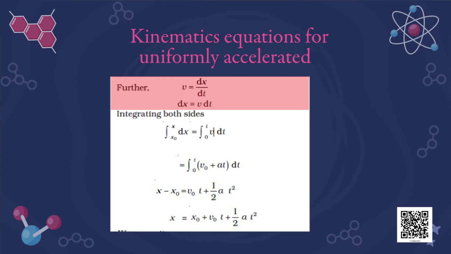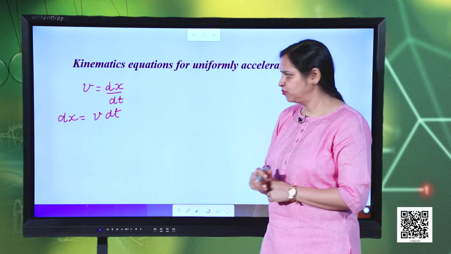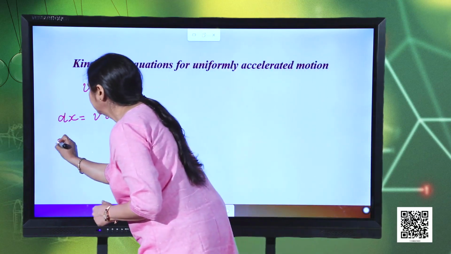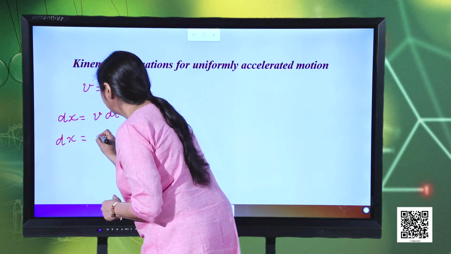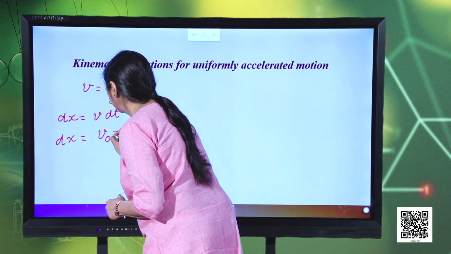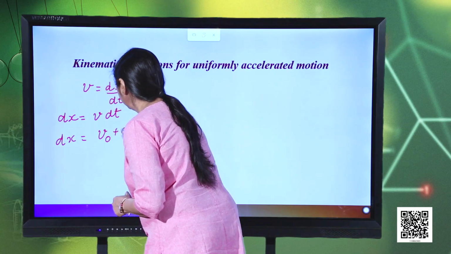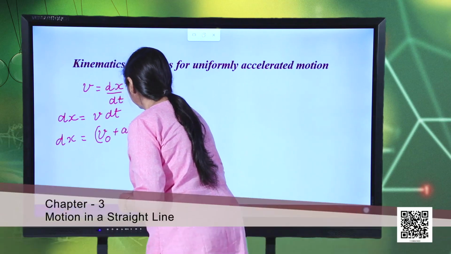Again, it can be written as dx is equal to v times dt, just cross multiplying, and in place of v I am substituting the first equation of motion, that is, dx is equal to v naught plus at into dt.